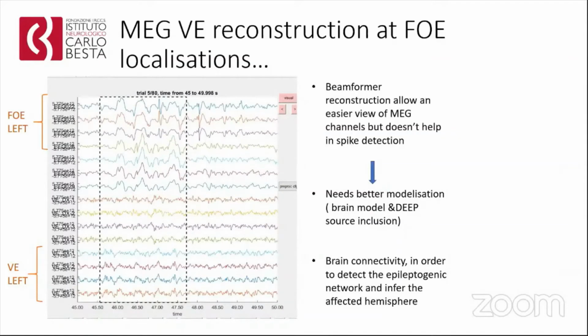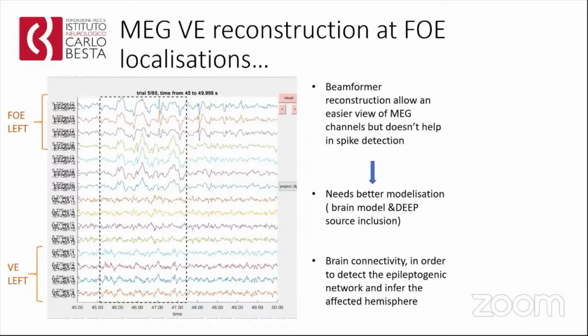On the virtual electrodes, we barely see something. We see the slow activity, it can be seen. But if you're trying to see the spikes inside, it's very difficult. So trying to reconstruct signals and find the spikes the same as the FOA is not the best solution to go further.